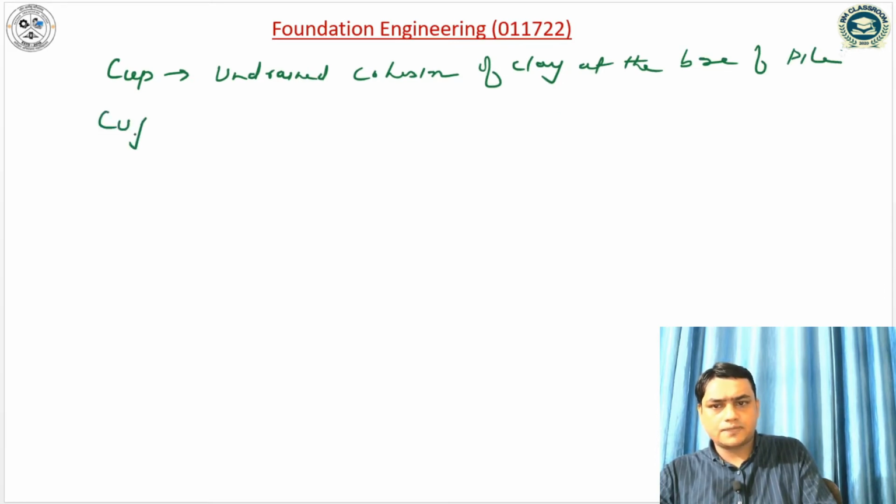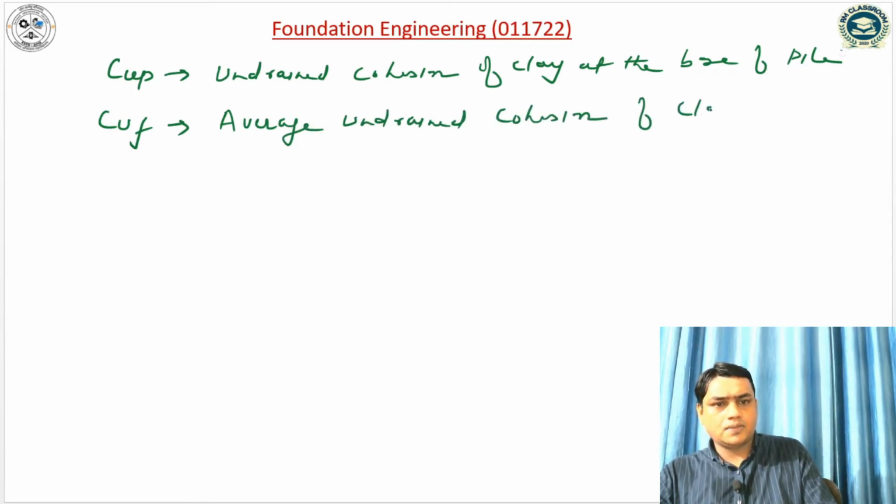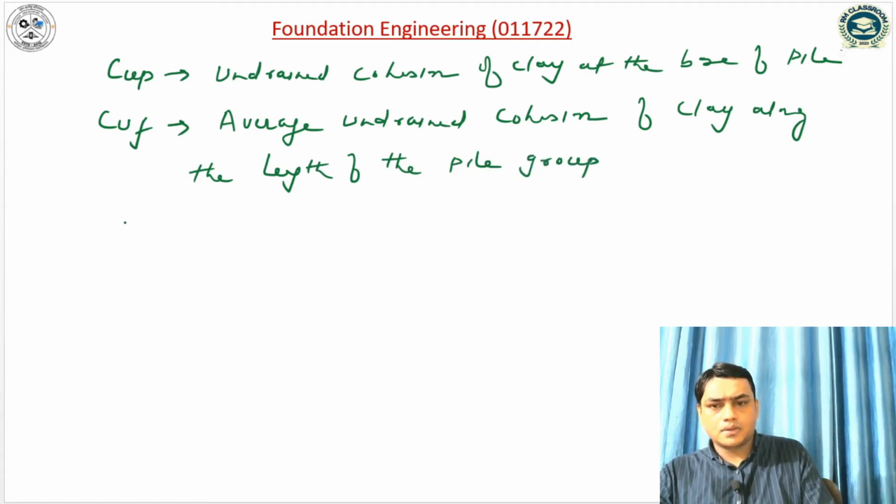Similarly, CUF is the average undrained cohesion of clay along the length of the pile group, and small l is the length of the pile.